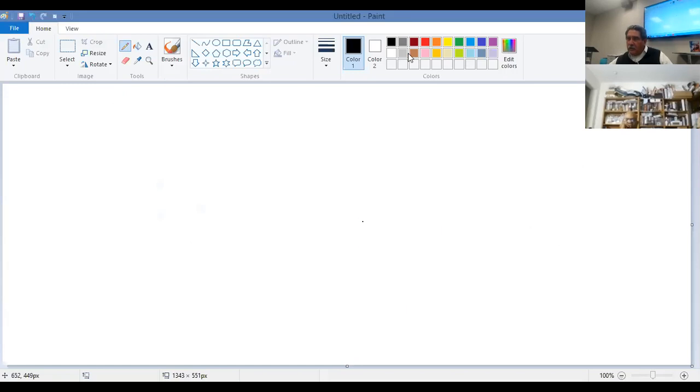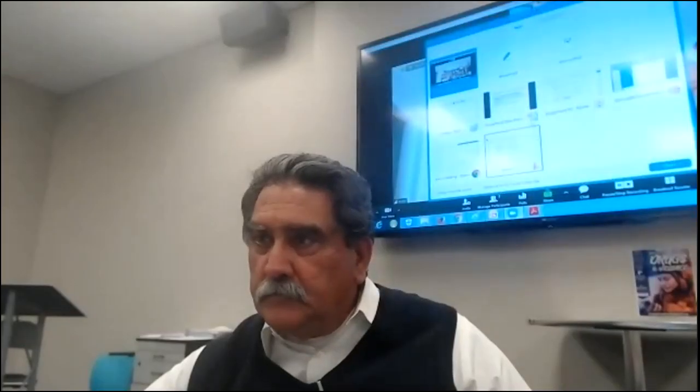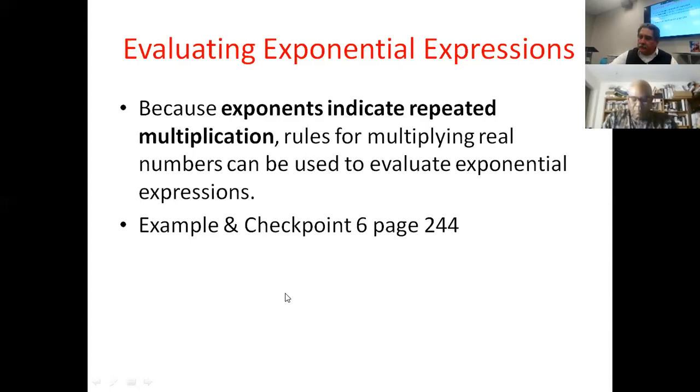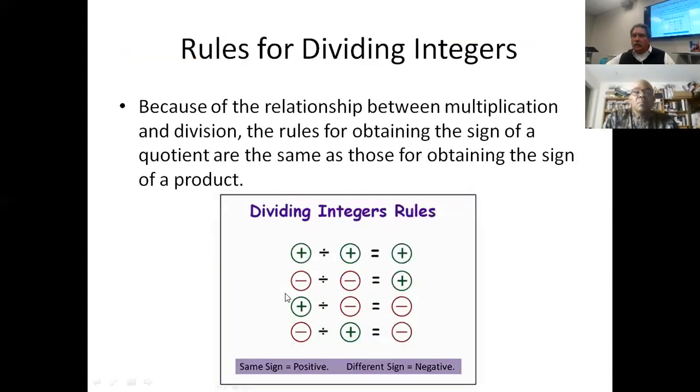Now let's go back to our PowerPoint. Division is the same as multiplication. If they have the same sign, always positive. If they have different signs, always negative, okay? So multiplication and division is simple: same signs, positive; opposite, mixed signs, negative.